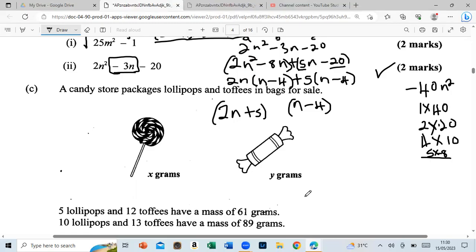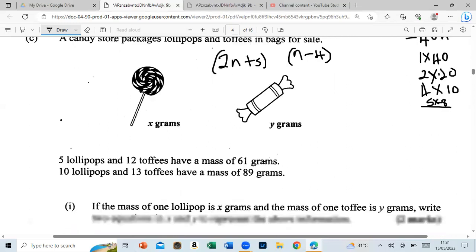What type of equation is it forming there, guys? 2 unknowns, and it's happening simultaneously. So you know that means it's a simultaneous equation. But let's see what they ask us to do before we jump in.